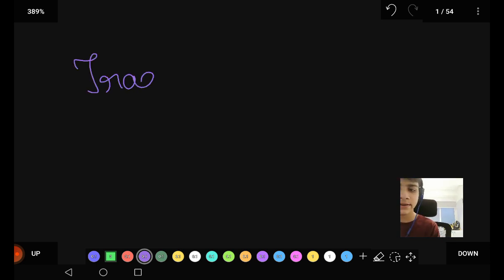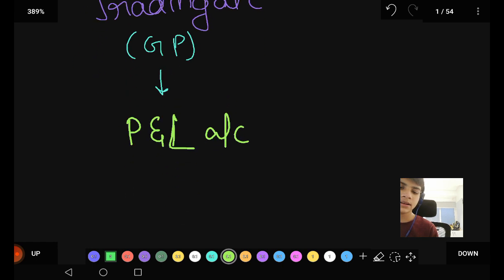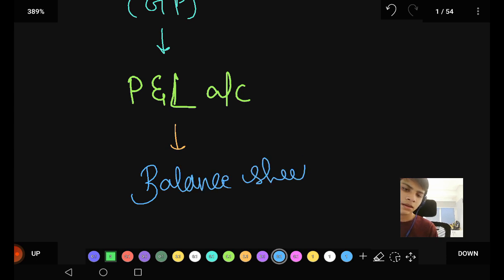We obtain gross profit here, we transfer it to the P&L account, and then from there we go to the balance sheet. This is how we go about it in a normal business. This is how the accounts go.